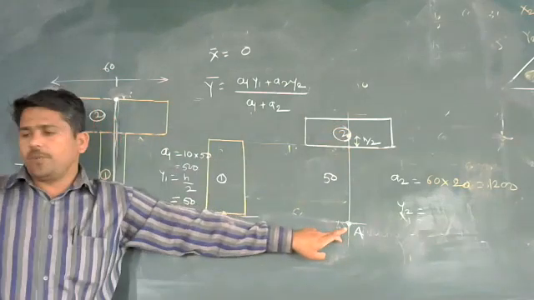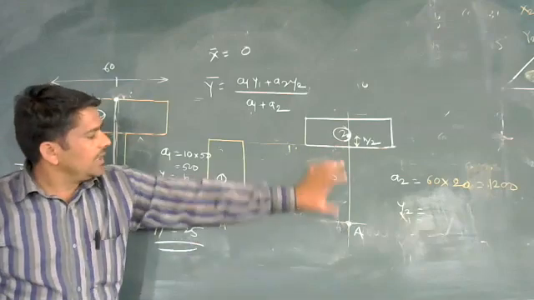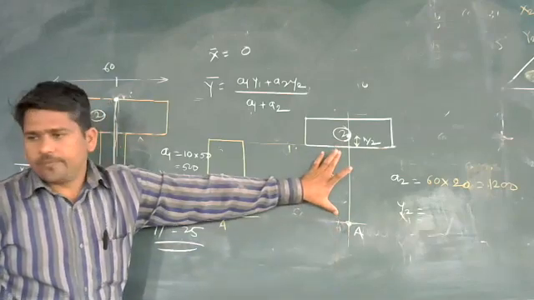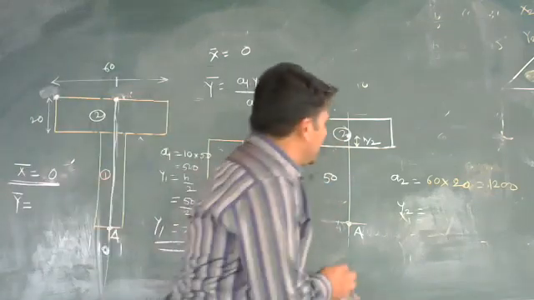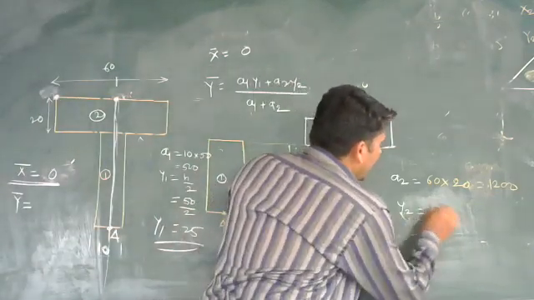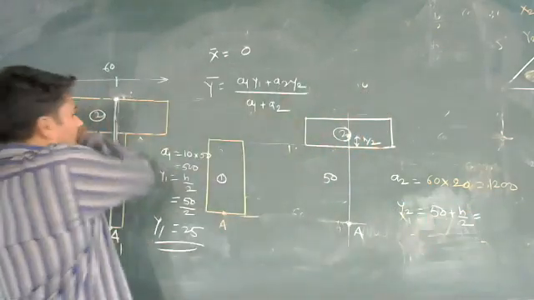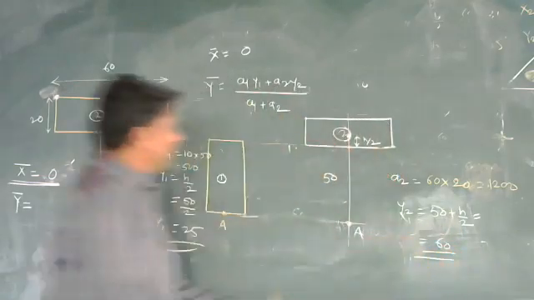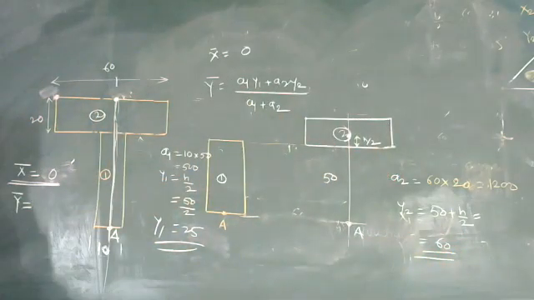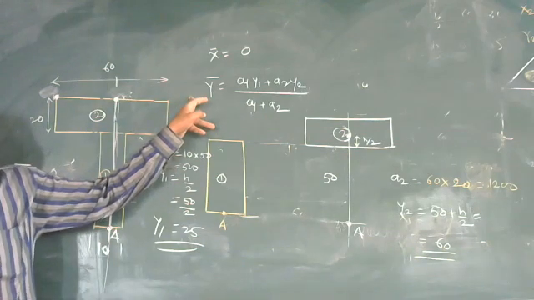We are required to measure from location A. So the rectangle's location from A is 50. So 50 plus h by 2. How much is it? 60 plus h by 2. H is, I think, 20. Now keep this value in the above equation and find out the final value.